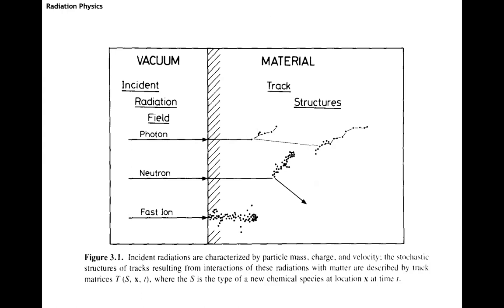In this case, the neutrons travel very far. When they interact, there is an elastic scattering of the neutrons, and the dense track that you see here is a recoil proton. Of course, neutrons are not charged, so they cannot induce any ionization themselves because there is no Coulomb interaction, but they can have a strong interaction with the proton, and in water they will see a lot of hydrogen.